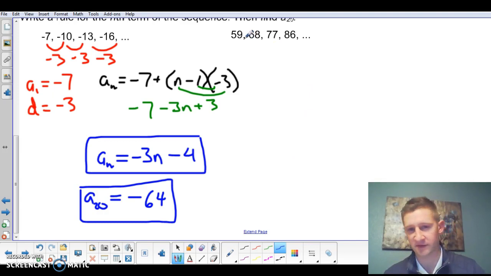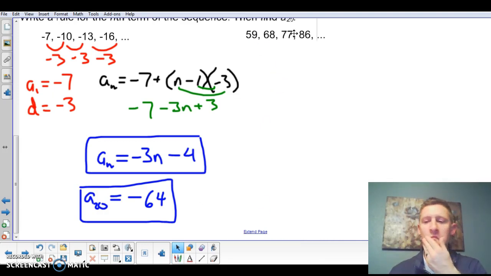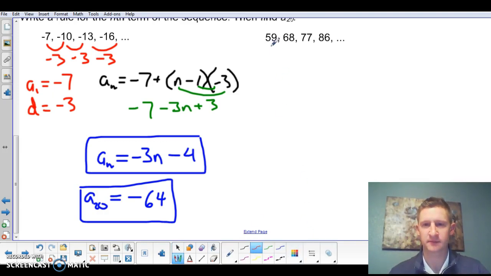And the next example, 59, 68, 77, 86. Looks like we've got a common difference of 9. Add 9, add 9, add 9. First term is 59.